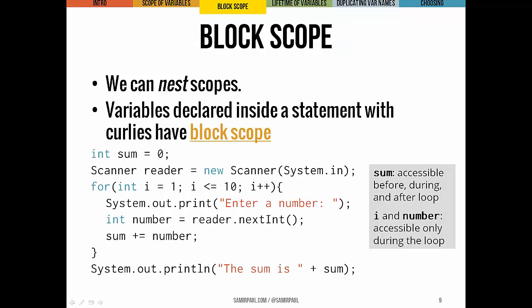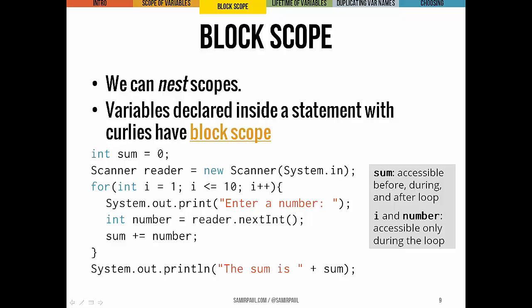A method's code can also have a sort of nested scope, which means that any variable we declare inside some compound statement with curly braces, we're going to say has block scope. And those variables are only visible within the code enclosed by those braces. If you take a look at this code, there are two different levels of scope. For instance, there's the variable sum, which is declared outside our control structure here.